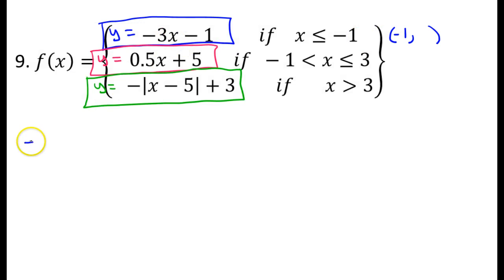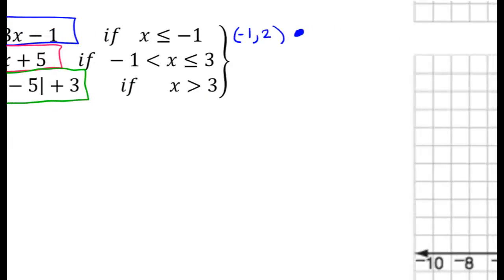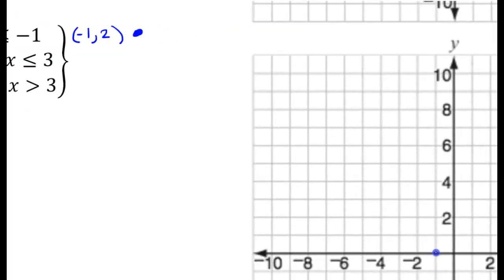So that's going to give me -3 times -1 minus 1. That's +3 minus 1, so that's 2. So there is the endpoint. This will be a closed circle because of the or equal to, showing me that this point is to be included. So closed circle at -1 comma 2. This is the endpoint of the blue piece.